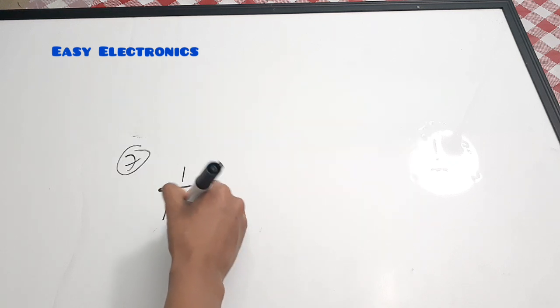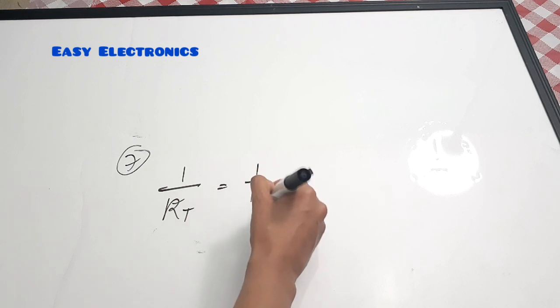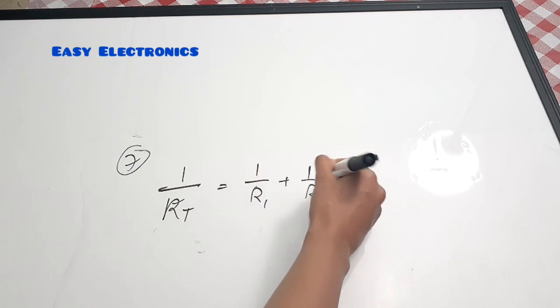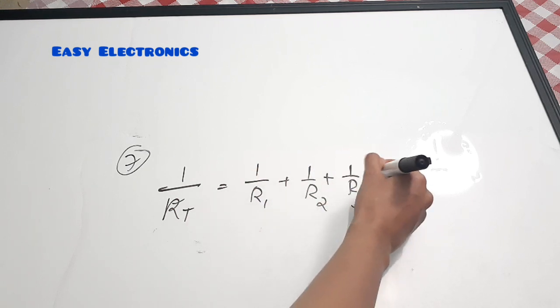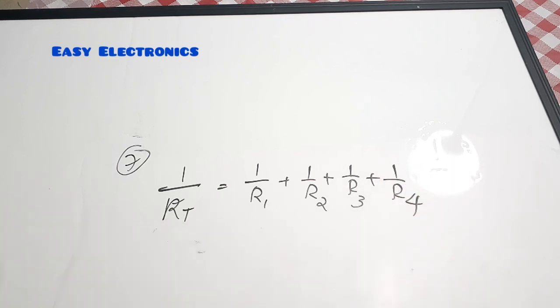Okay, so the equation for finding the equivalent resistance is 1 by RT is equal to 1 by R1 plus 1 by R2 plus 1 by R3 plus 1 by R4. Since there are 4 resistors, you just have to put the values as 1, 2, 3 and 4.